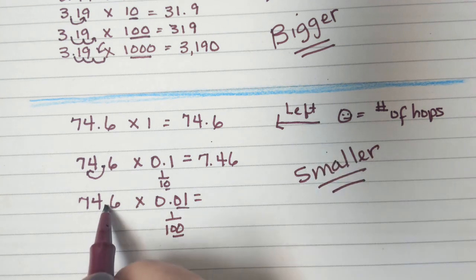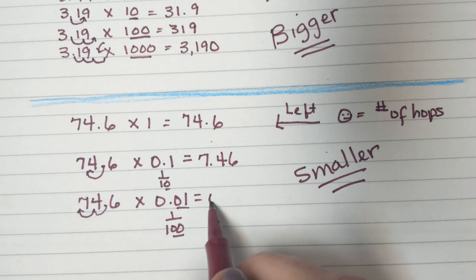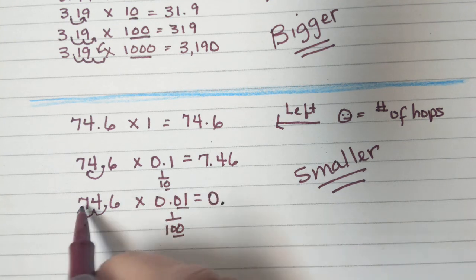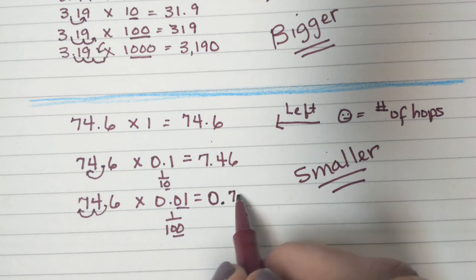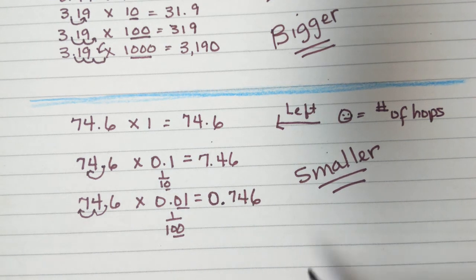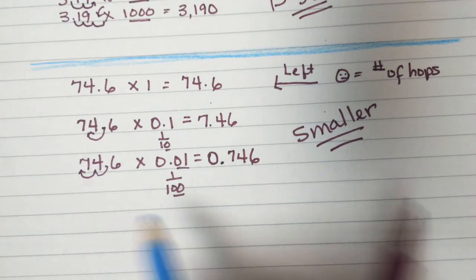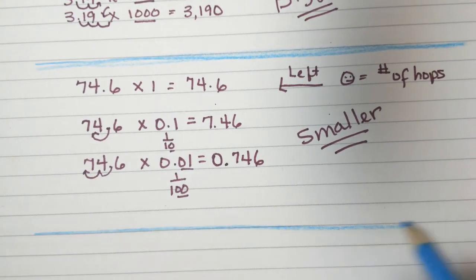Left. So 1, 2. So remember, I like to cover up that decimal with a 0. So there is our decimal, 746 thousandths. Okay, our number has gotten much smaller.